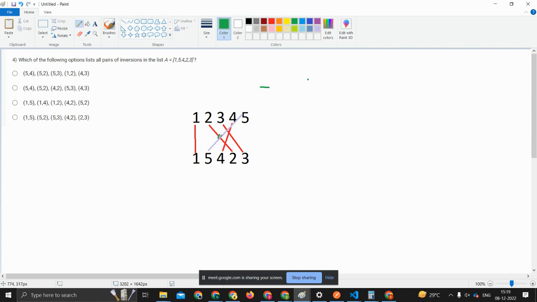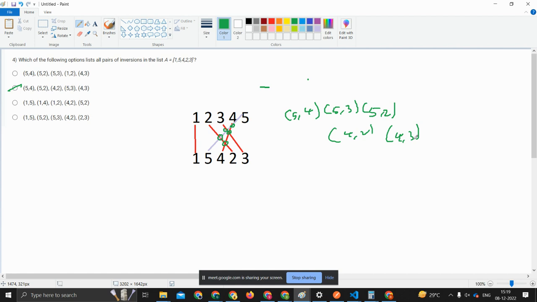These points I need to circle, right? 4, 2, 4, 3. I think the second option is right. So looking at this, we can say 5, 4, then 5, 3 also is there, then 5, 2 is also there, then 4, 2, and then 4, 3.